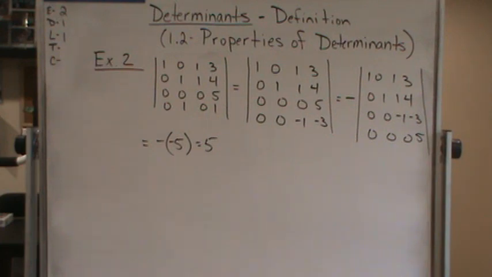Now, first we show that if there is such a function, then there is no more than 1. And this example here illustrates the idea. We got 5 by following the properties of the definition.